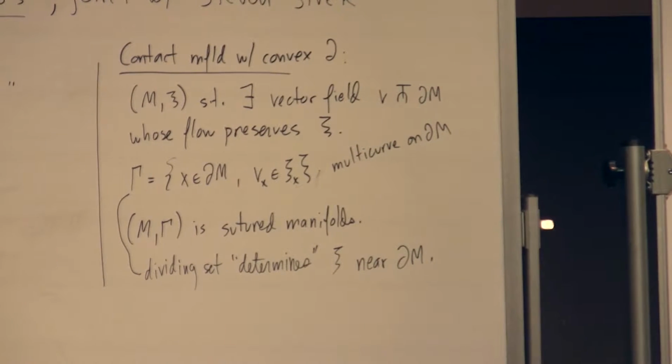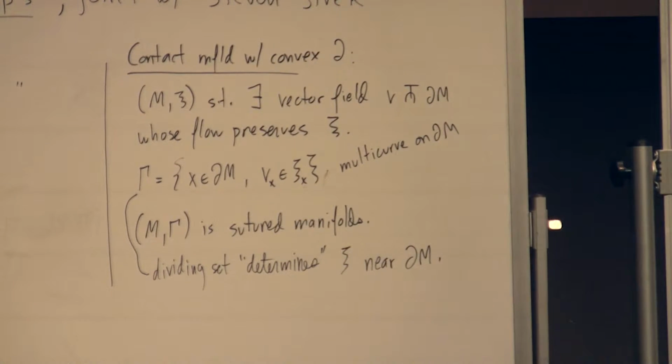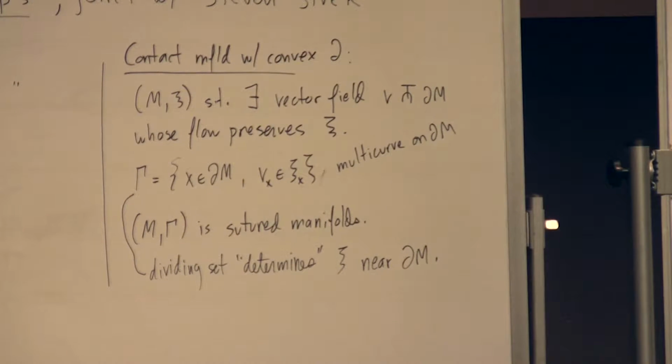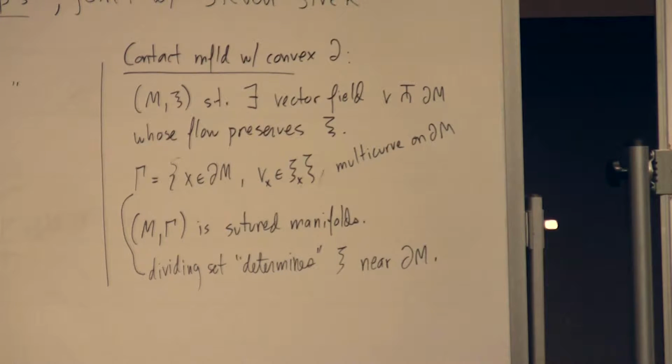So we'll encode the manifold, the contact structure, and the dividing set. And given such a thing, you can define, as I've said, classes in the associated sutured Floer homology groups. And for various techniques, you have to reverse orientations.